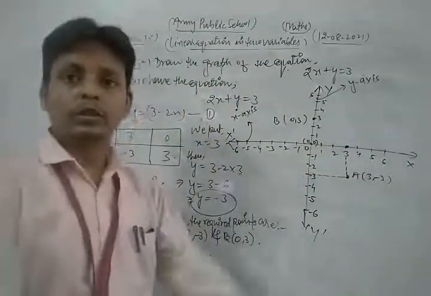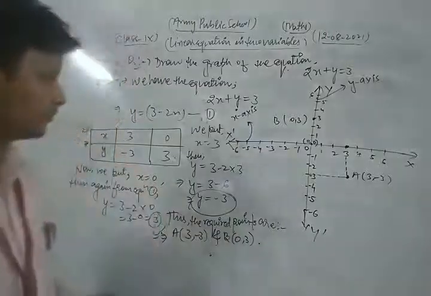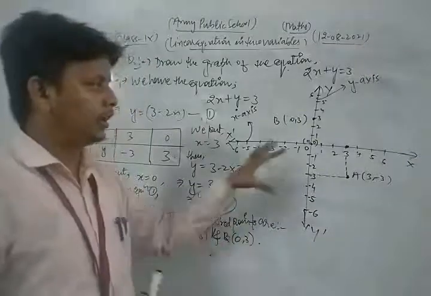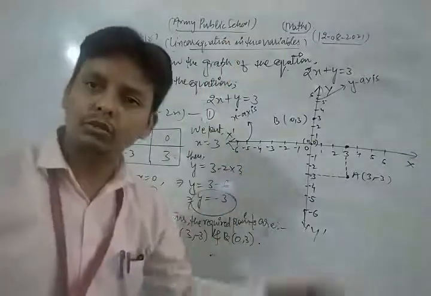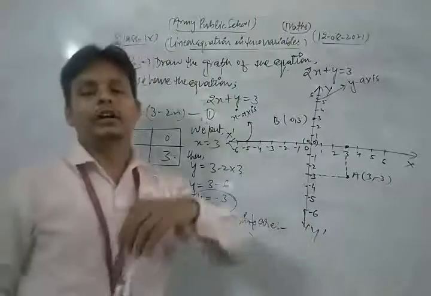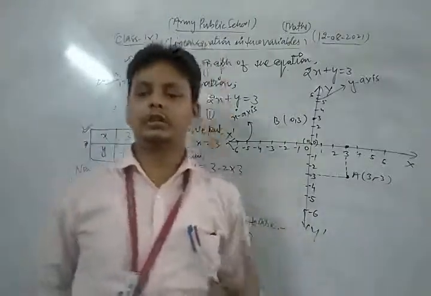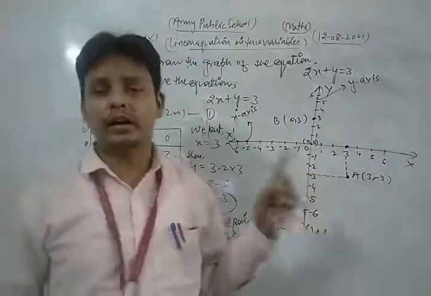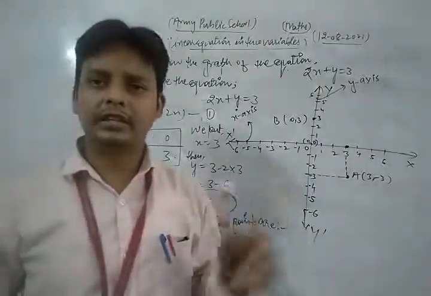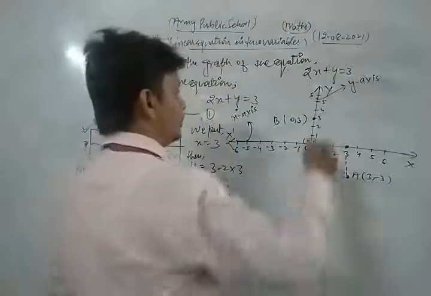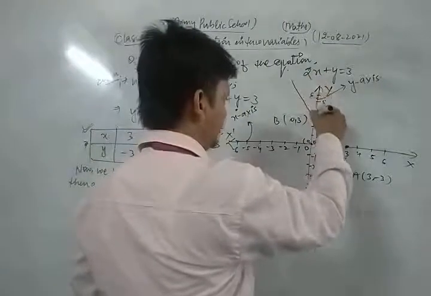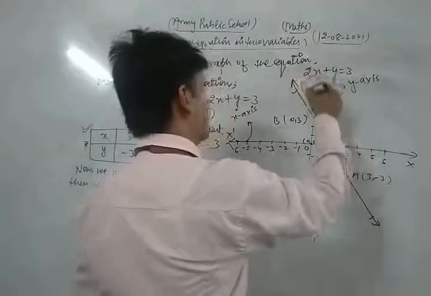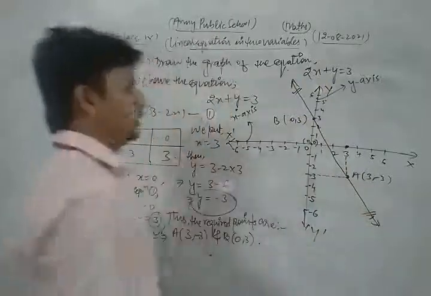Now after plotting all the points which we found with the help of the equation, we join them through a straight line, because we already discussed that the graph of a linear equation in two variables always represents a straight line. So we join them through a straight line.